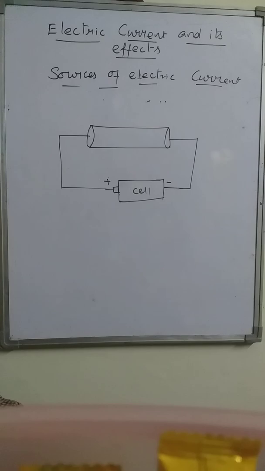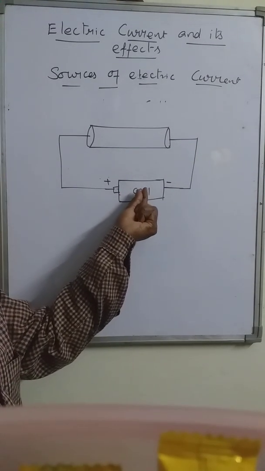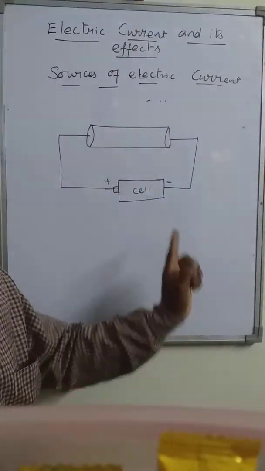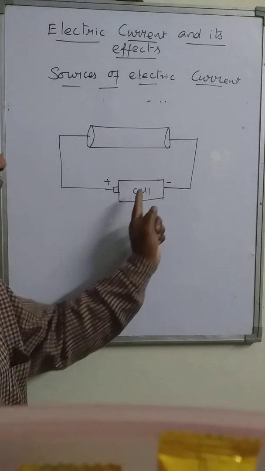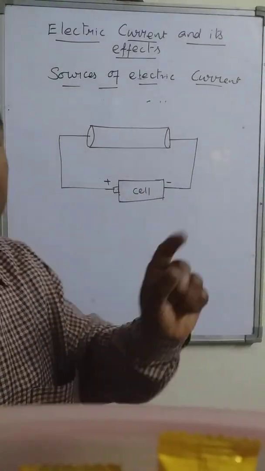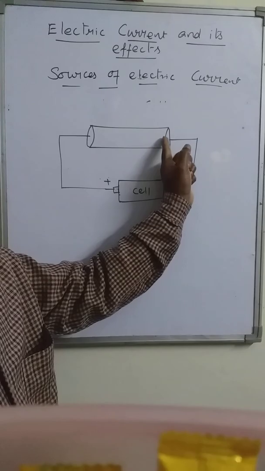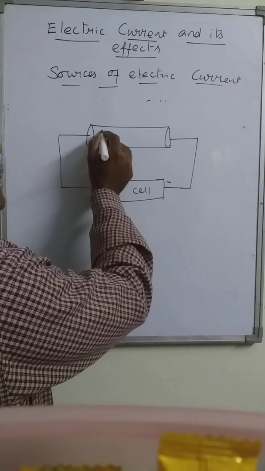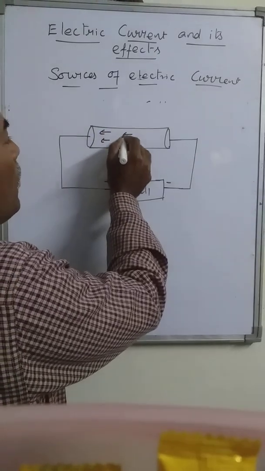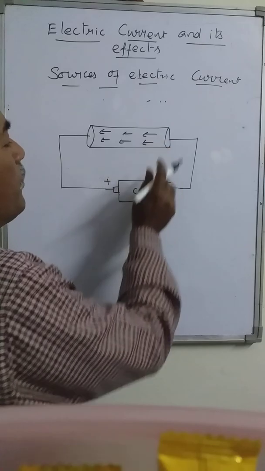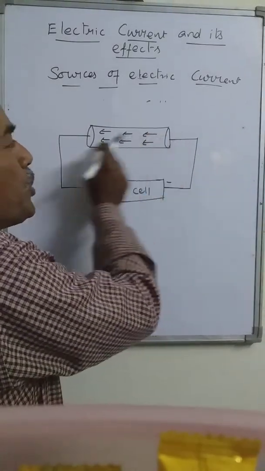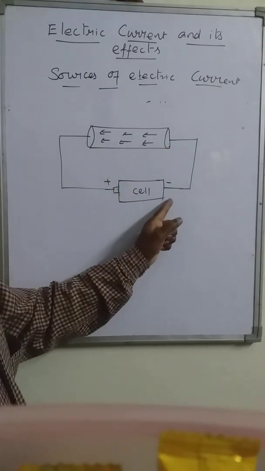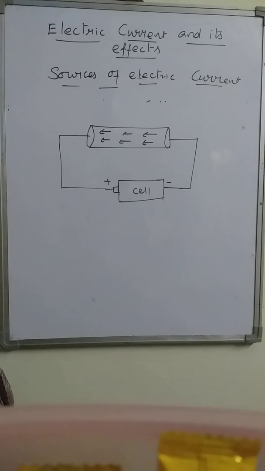Due to the release of chemical energy from the cell through the wire, the negative charges start to flow in this direction. The charges coming out from the cell push the negative charges inside the conductor, and they flow in this direction. That causes the electric current.